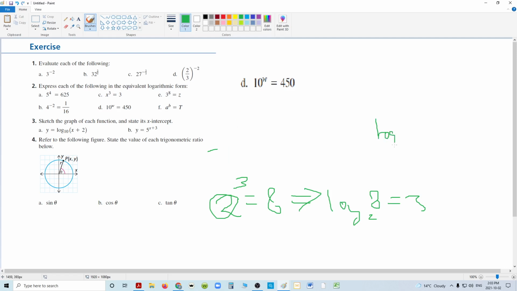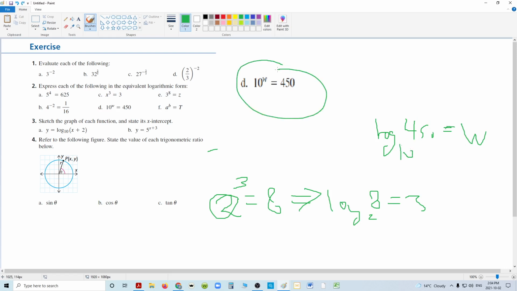I'm looking for log base 10. So I don't need to write that because log is naturally base 10. And then my answer is 450, so that goes here because my answer here went there. And then equals W. So what do I have to put 10 to the power 2 to equal 450?